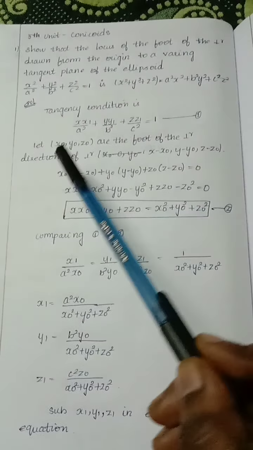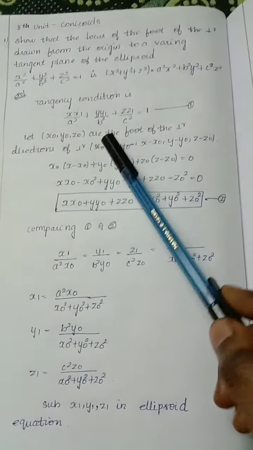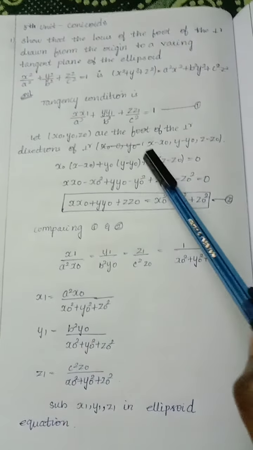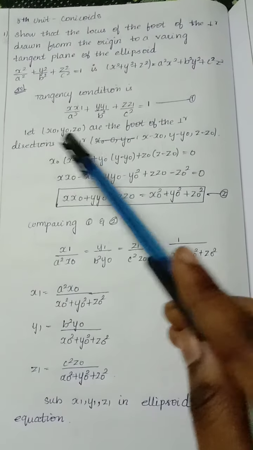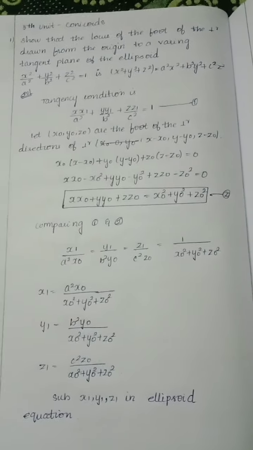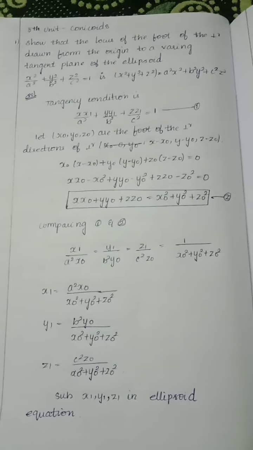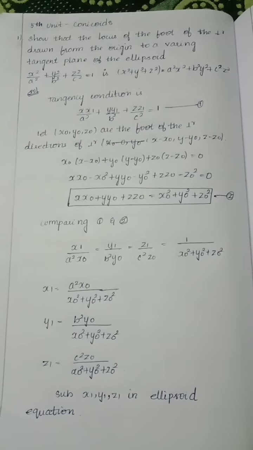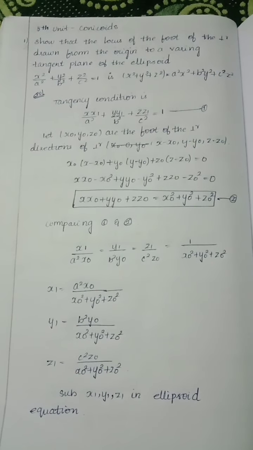Next, we want to take x0, y0 and z0 as the foot points. Then x minus x0, y minus y0, z minus z0 as the direction points. These are in the perpendicular form. So we had a formula, right? The perpendicular condition is lambda 1 lambda 2 plus gamma 1 gamma 2 plus mu 1 mu 2 equal to 0.